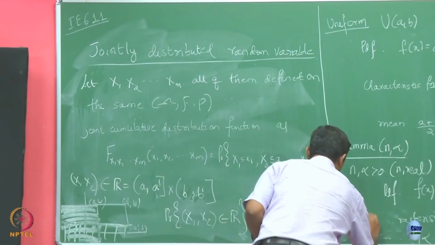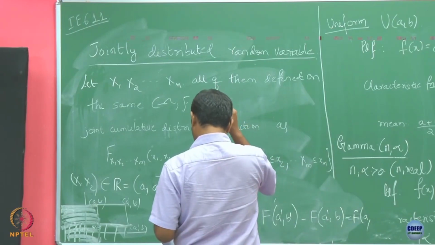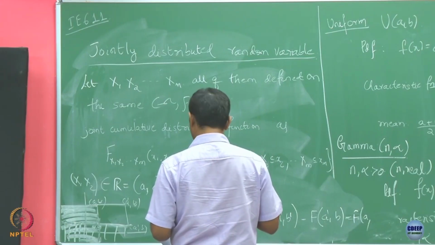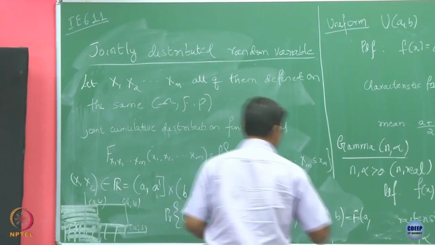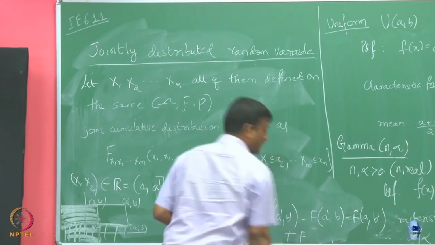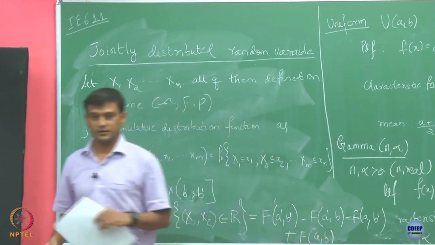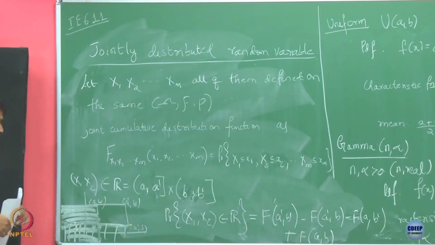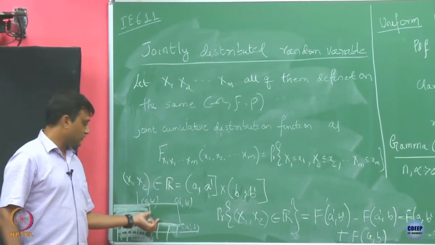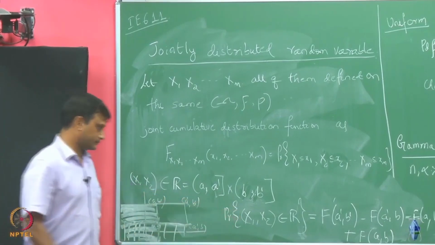The first coordinate is going to be A and the height is going to be B prime minus F of AB. So if I do this, I am only going to retain this area, and now this is going to characterize that probability.